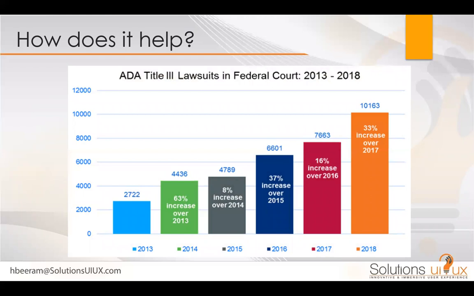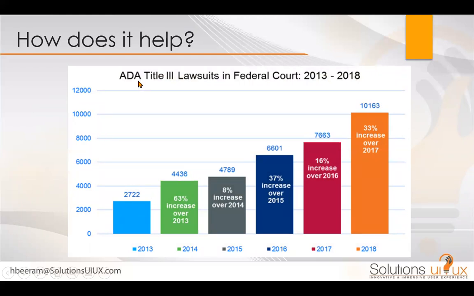And there are lawsuits. When there are laws and people are not following those laws, accessibility lawsuits go up and up. This is last year's slide. I still have to update it with the latest statistics, but the lawsuits have gone up, as you can see, from 2013 to 2018.